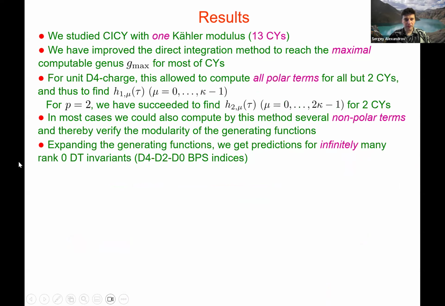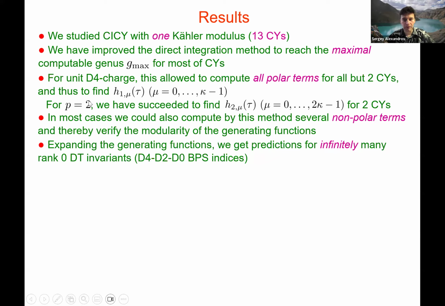Nevertheless, we started with a set of complete intersection Calabi-Yaus with one Kähler modulus. There are 13 such Calabi-Yaus, and for 11 of them, we succeeded in computing all polar terms, which means that we found these generating functions H1, with 1 unit of D4 brane charge.